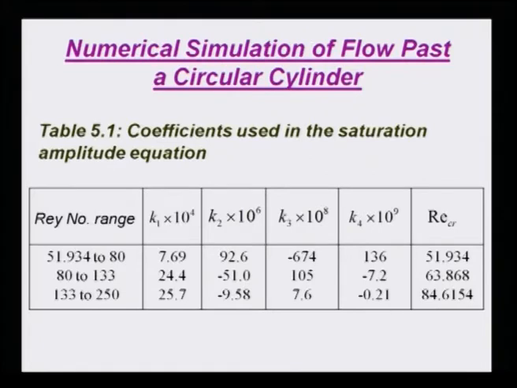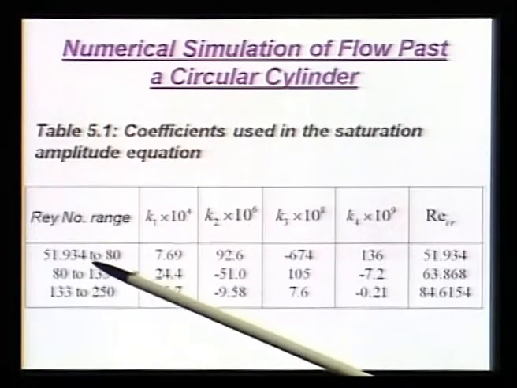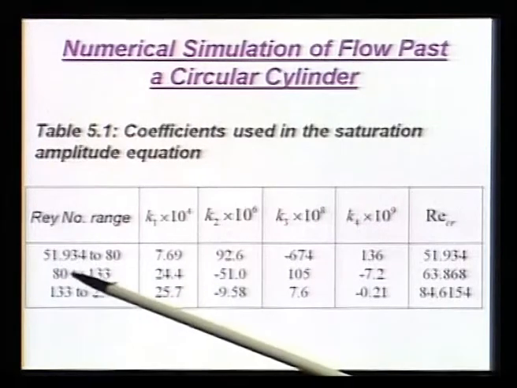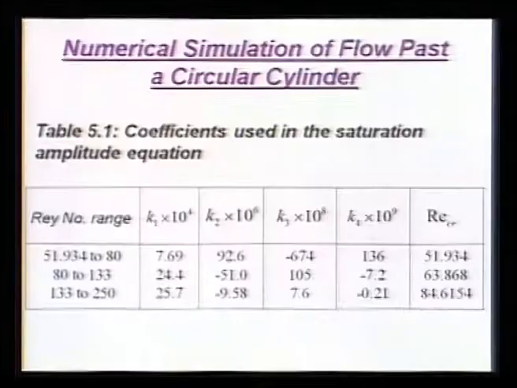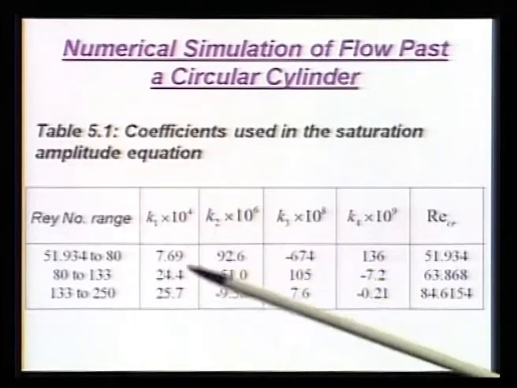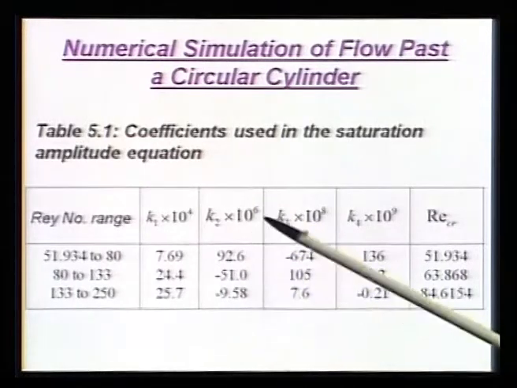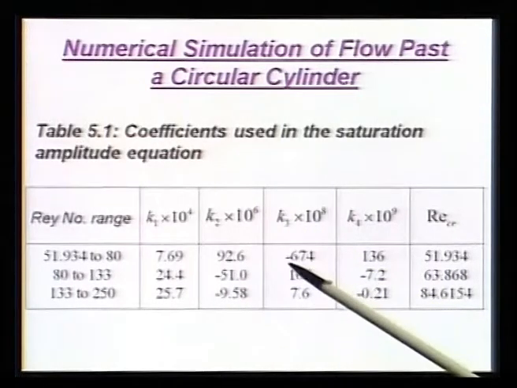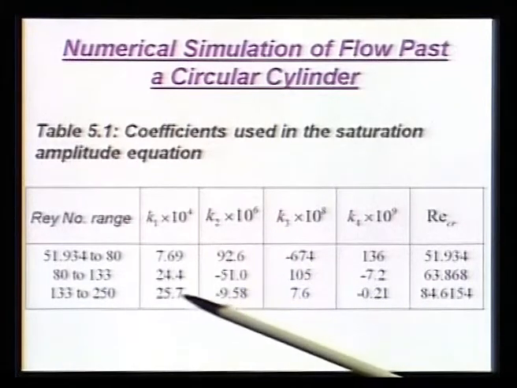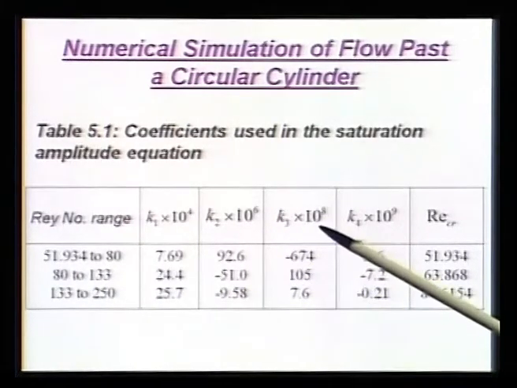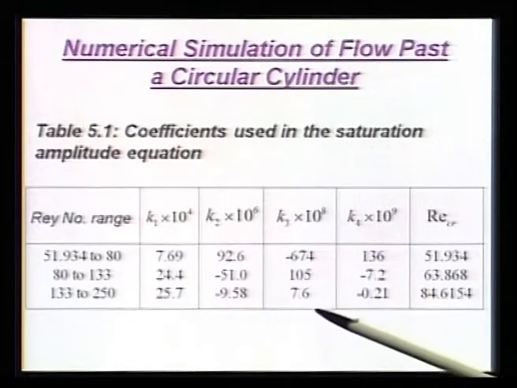So we have basically 3 ranges of Reynolds number, starting from about 52 to 80, then 80 to 133, and 133 to 250. K1 is in the range of 10 to the power minus 4, whereas K2 is in the range of 10 to the power minus 5 or minus 6, depending on which range you are looking at, and these are much lower in value.